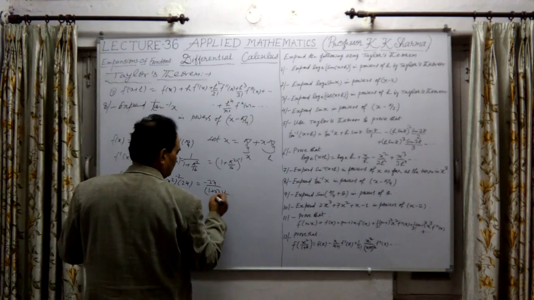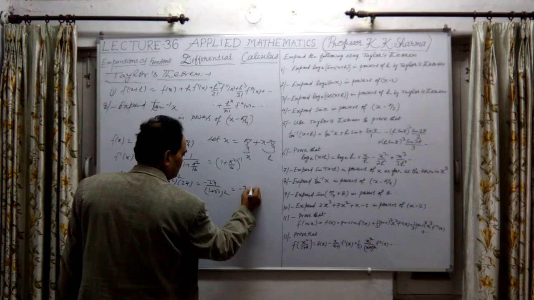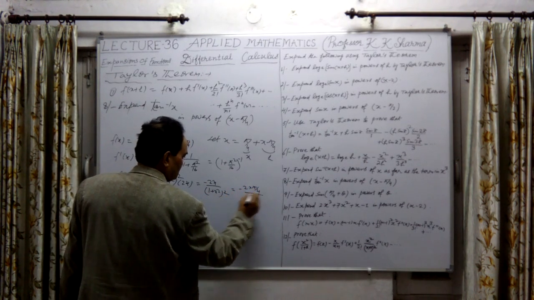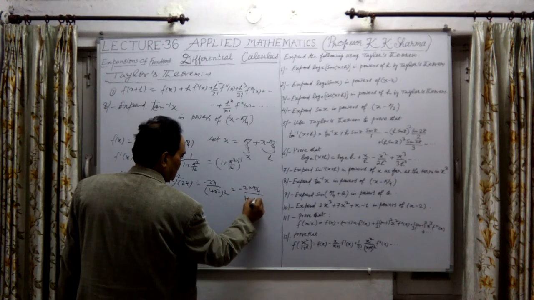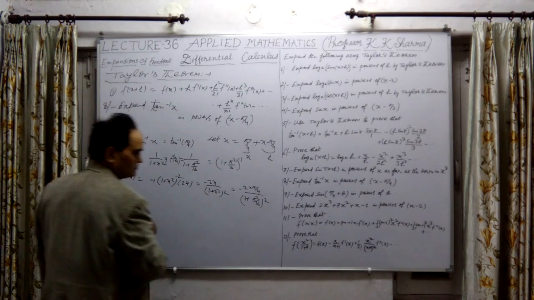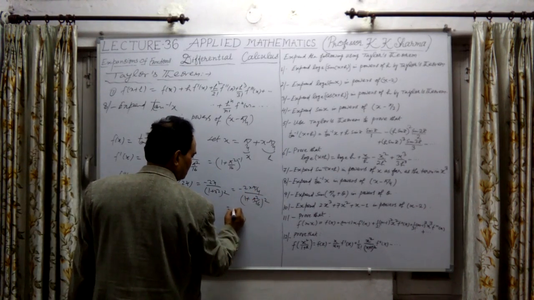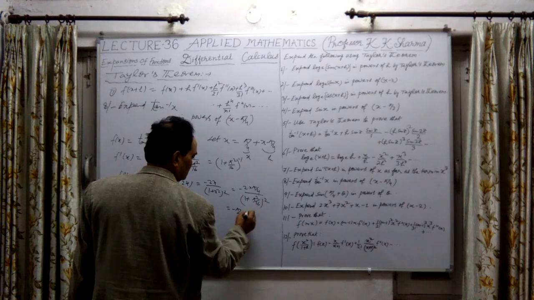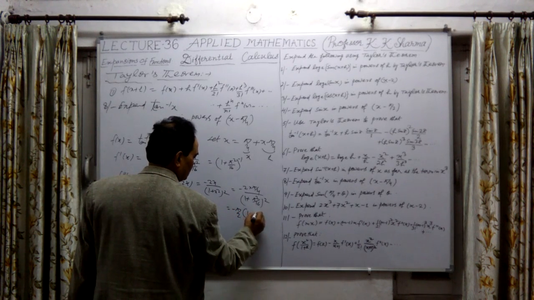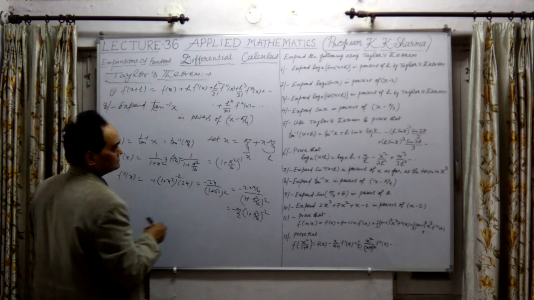Now I have to replace x by pi by 4. It will be minus 2 into pi by 4 divided by (1 plus pi square upon 16) whole power 2. That means minus pi by 2 into (1 plus pi square upon 16) whole power minus 2. This is the value of f double dash x.